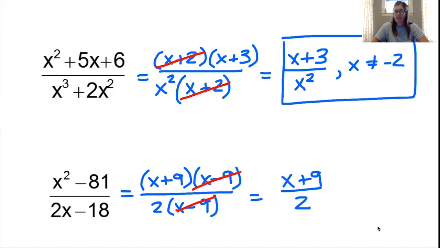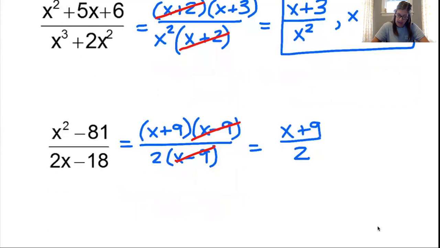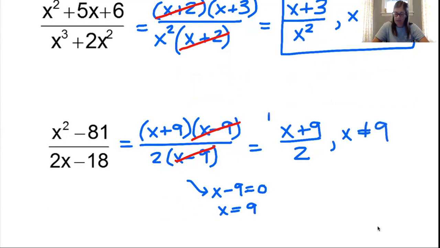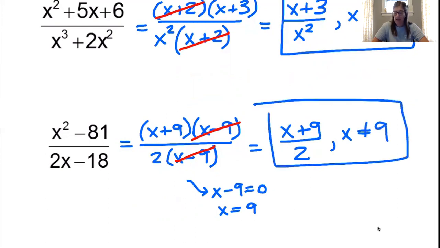And because I canceled x minus 9, if you set x minus 9 equal to 0, then you would add 9 to both sides. So 9 makes the denominator equal 0. We want to say such that x does not equal 9. Now, if someone just happened upon your simplified form, x plus 9 over 2, this one is interesting because there's not a variable in the denominator in the simplified form.